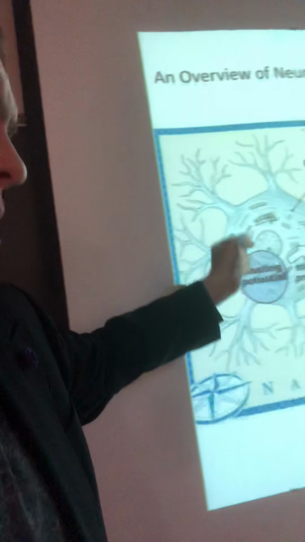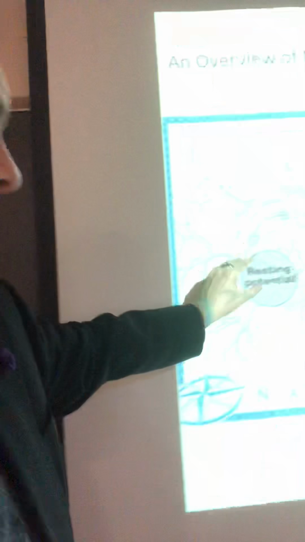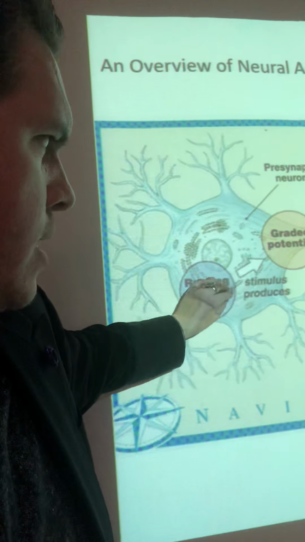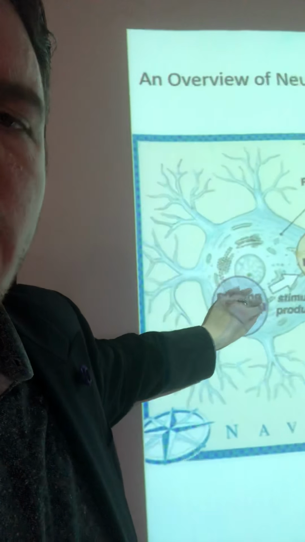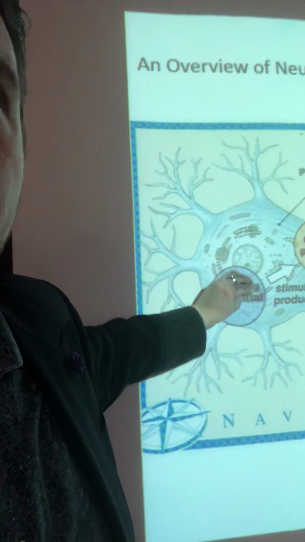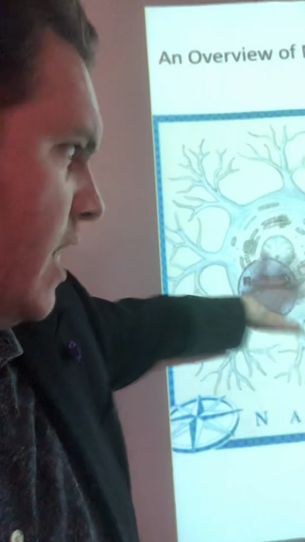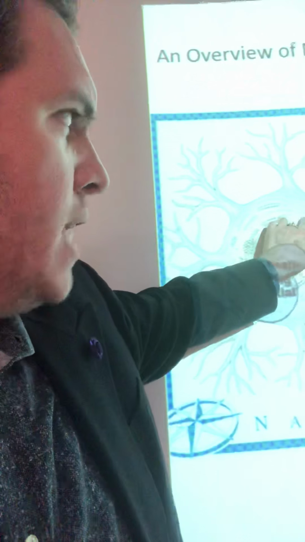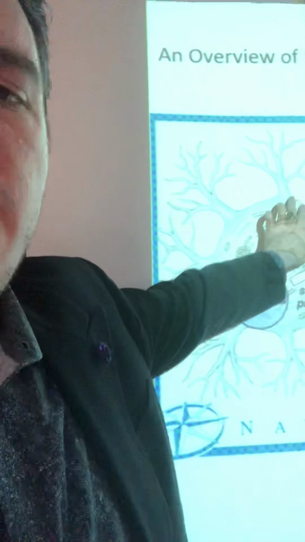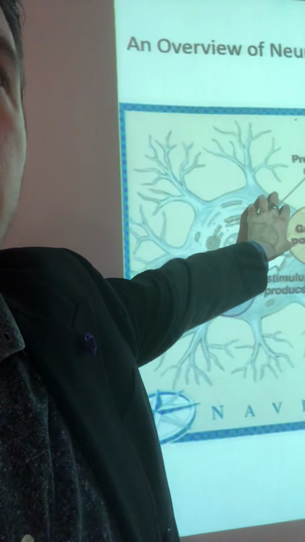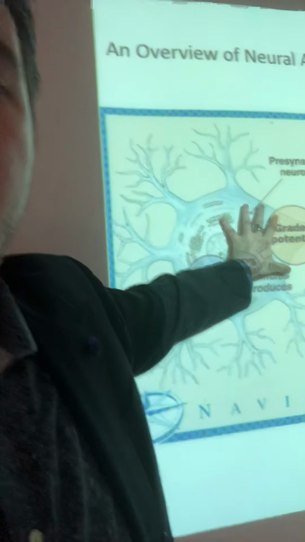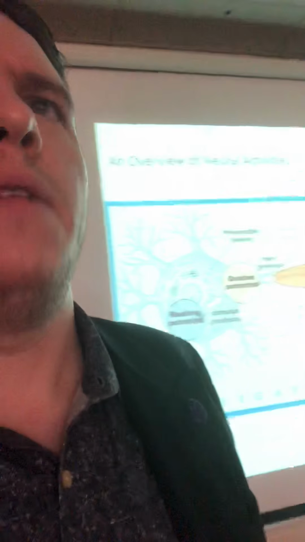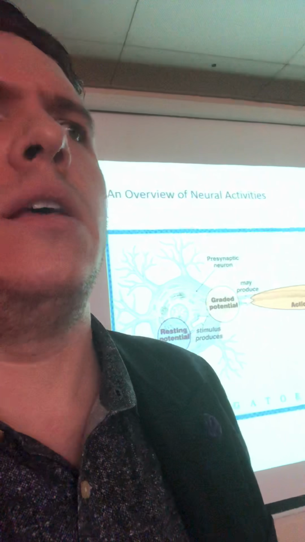Let's say that it was more positive. Very quickly, that element will spread and cause the immediate area to become more positive. If it gets a stop signal, it's going to spread very quickly: stop, don't go. If it gets a positive signal over here, there's going to be an influx of a particular element, and it's going to spread very, very quickly, causing the cell to become more negative or more positive. Does that make sense?